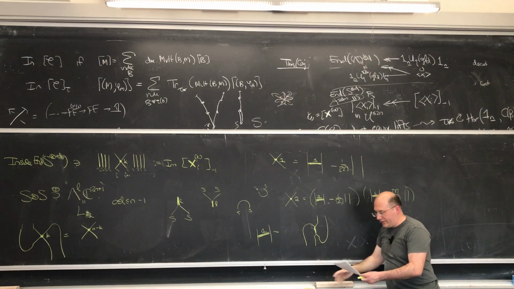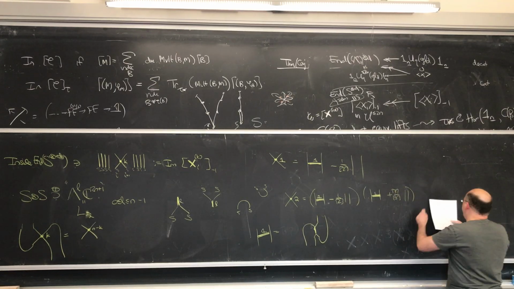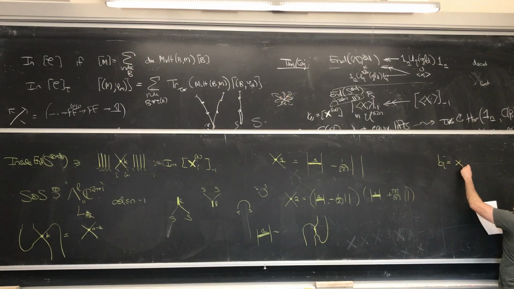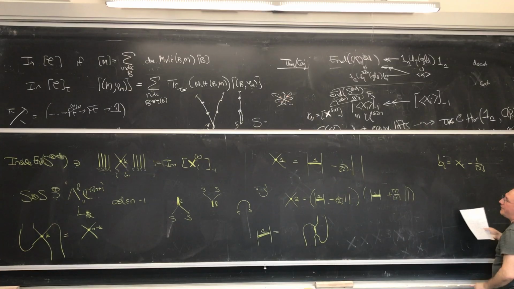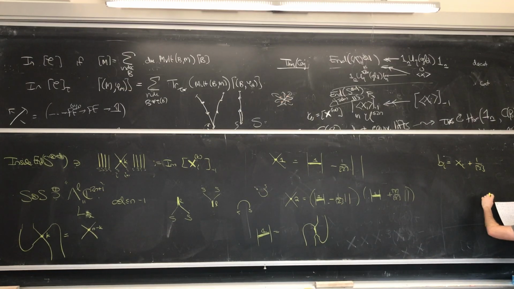Just to give you examples of the kind of relations that we do. So in the literature, I'm going to let b_i be x_i minus 1 over quantum 2, plus 1 over quantum 2, which is what you're thinking of here as this h thing. Okay?